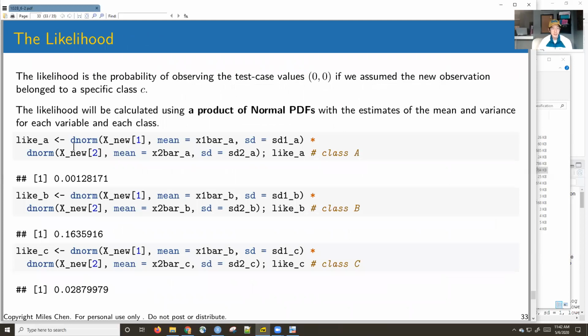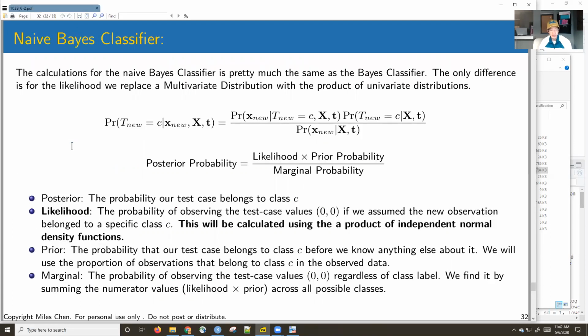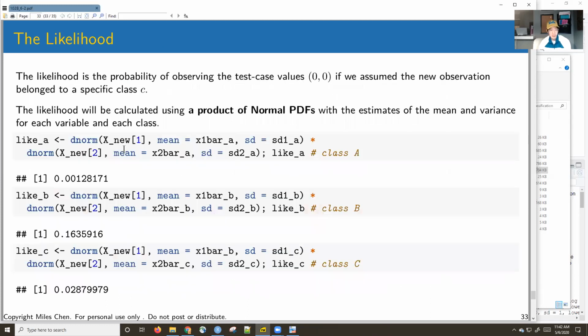The likelihood for class A of our observation 0, 0 is, first, we look at what's the probability of getting this 0 for the x1 variable, and what's the probability of getting this 0 for the x2 variable. So I say dnorm of x_new[1], the first value in that vector, with mean x1bar_a and standard deviation SD1_a.